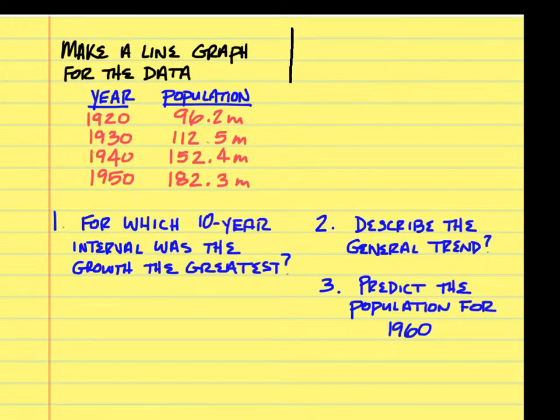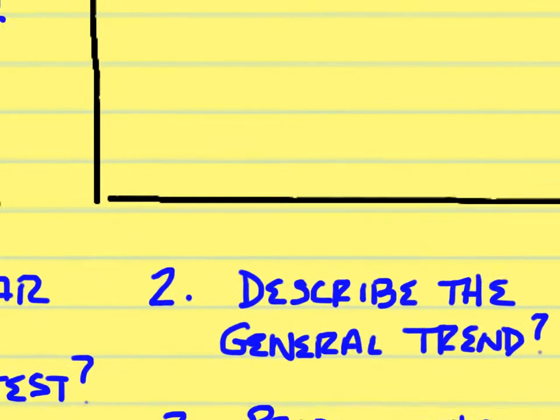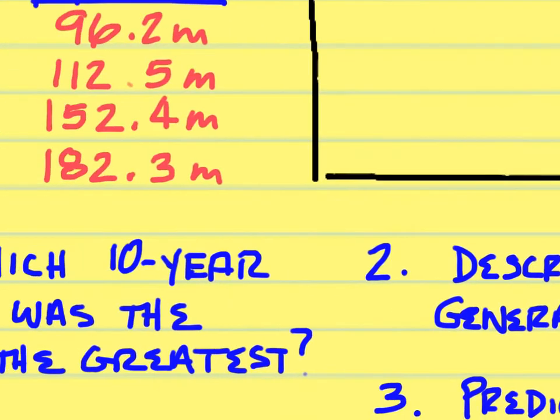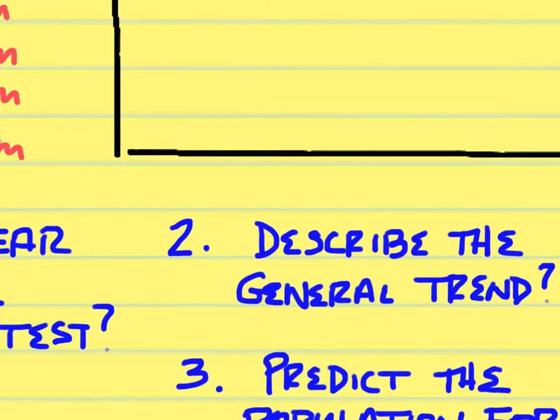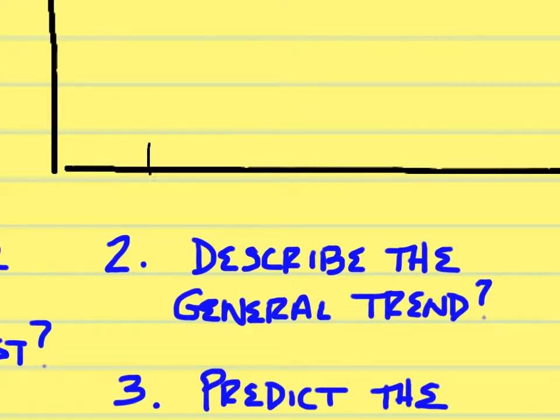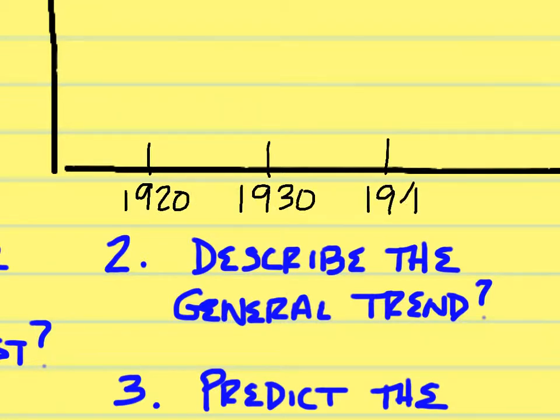For this histogram, or not histogram, but line graph, we're going to have to make marks at the bottom for the years, starting at 1920, and that goes to 1950. So we'll go 1920, 1930, 1940, and 1950.